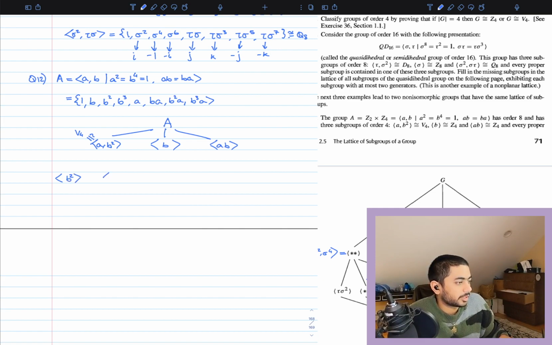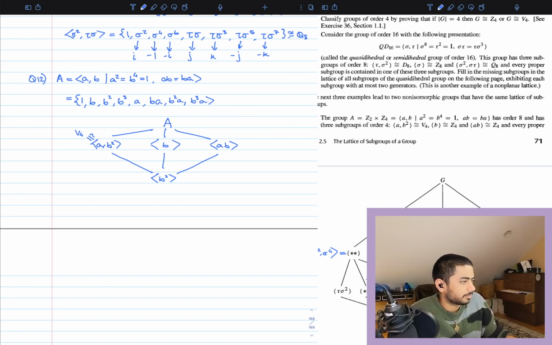There's going to be something generated by A. Actually, let's put the B squared one over here because it's also contained in here. I believe it might also be contained in here, right? Because AB squared comes out to A squared B squared, again because A and B commute. But A squared cancels out to 1. And so B squared really is also inside here.